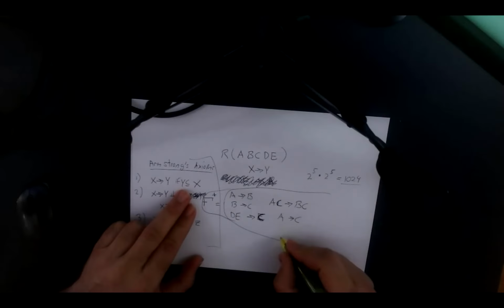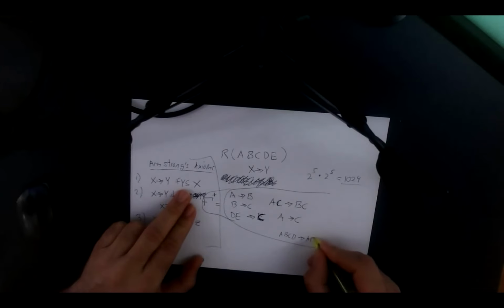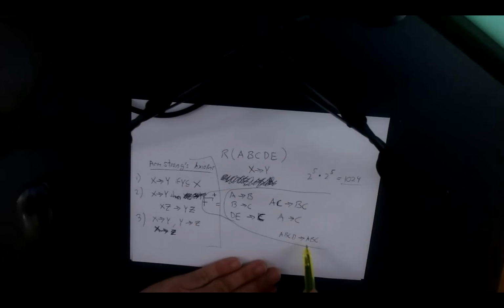Therefore, the following functional dependency holds: ABCD determines ABC. If you think about it, this is really trivial because it's just saying that if I take two tuples and both agree on A, B, C, and D, then they're also going to agree on A, B, C. Yes, of course, it's a triviality. I hope that answered that.